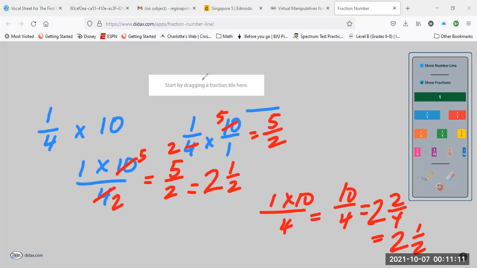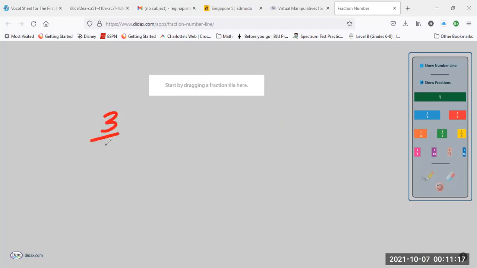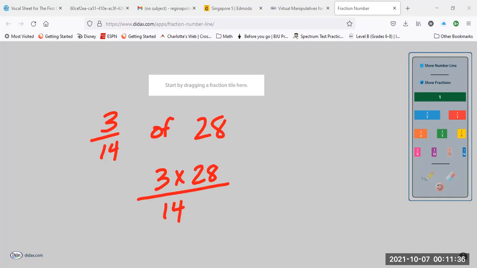That doesn't seem much harder, but for a problem like 3/14 of 28. If I take a fraction of 28, then I'm going to multiply to find that answer. 3 times 28 over 14.